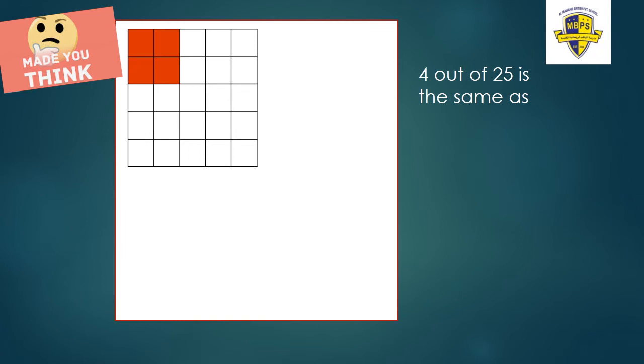Excellent. We have to make the denominator 100. Now think again. How can we make the denominator 25 into 100? By multiplying. Good job. We multiply by what? 25 by what equals 100?